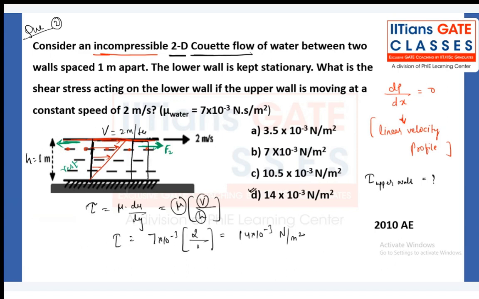They are constant. So can I say the shear stress has to be constant? That means whether they ask on the lower wall, an intermediate fluid layer, or the upper wall, the answer must be 14 into 10 power minus 3 Newton per meter square.